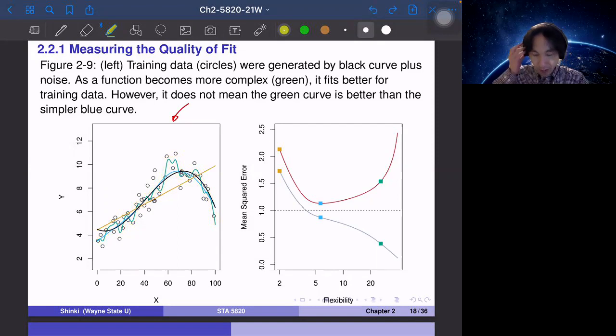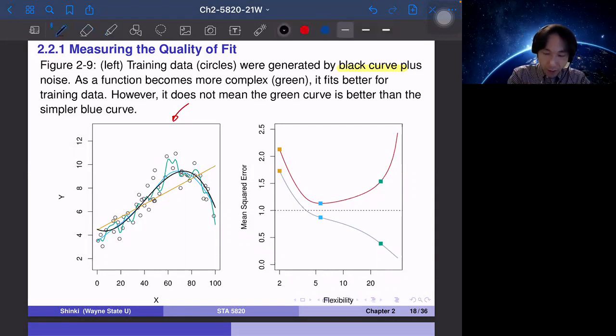So we can see the blue one looks better. And actually the black one is the truth. This is simulated data, so the black curve is the truth. If we use the quadratic curve, that is the blue curve, then the fit is the best. The green curve maybe has too many parameters, and the yellow straight line is too simple.